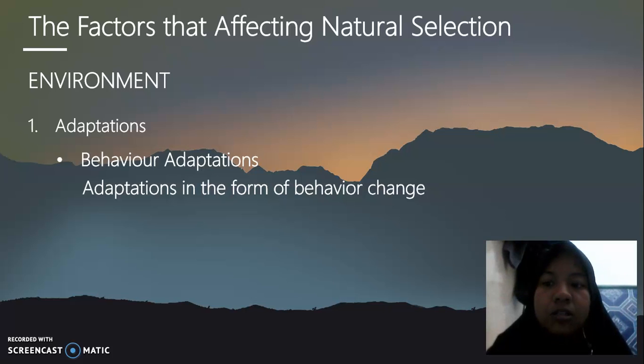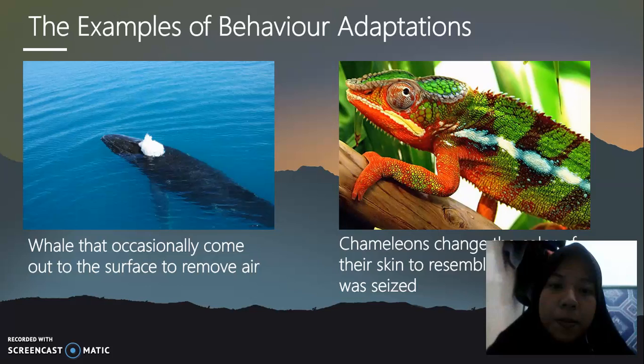The next one on adaptation is behavior adaptation. Behavior adaptation is adaptation in the form of behavior change. This is the example of behavior adaptation.